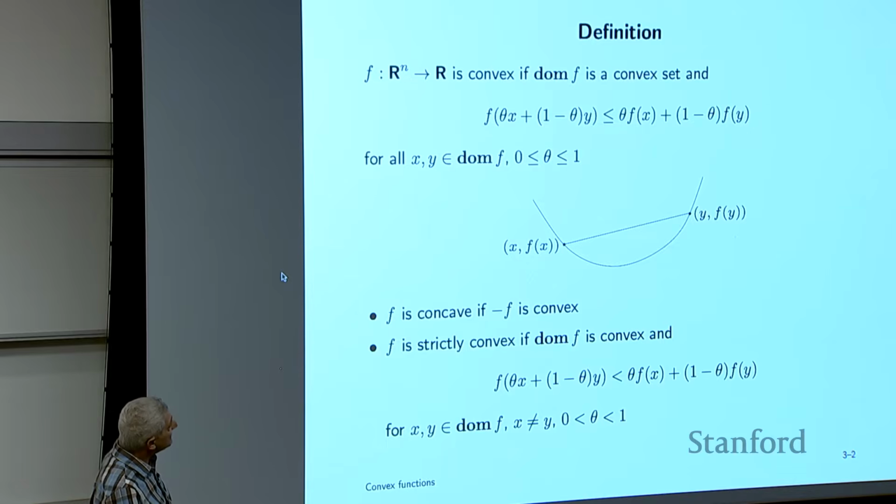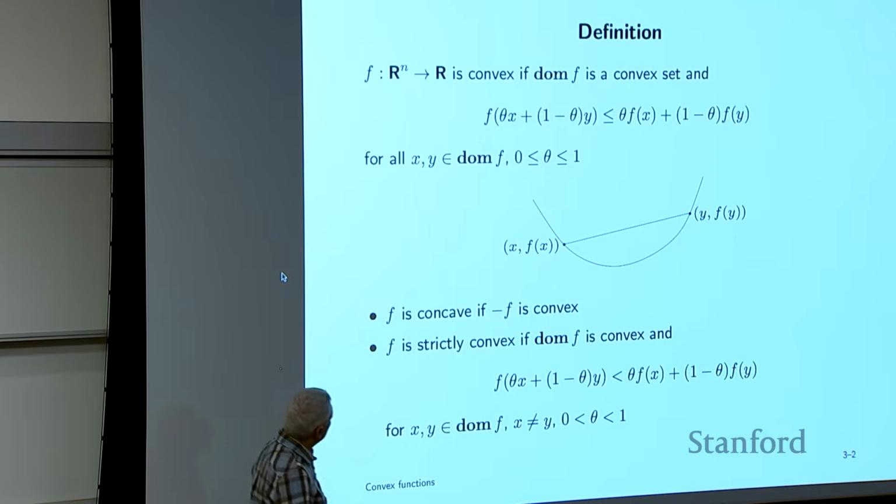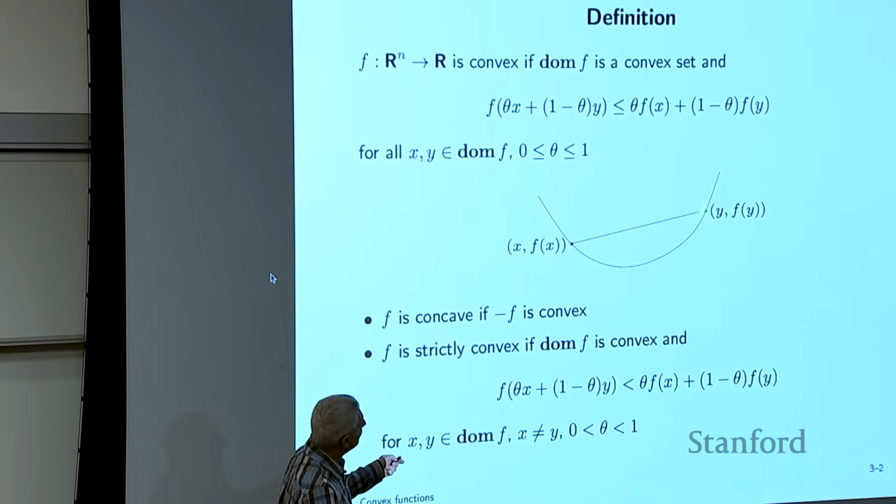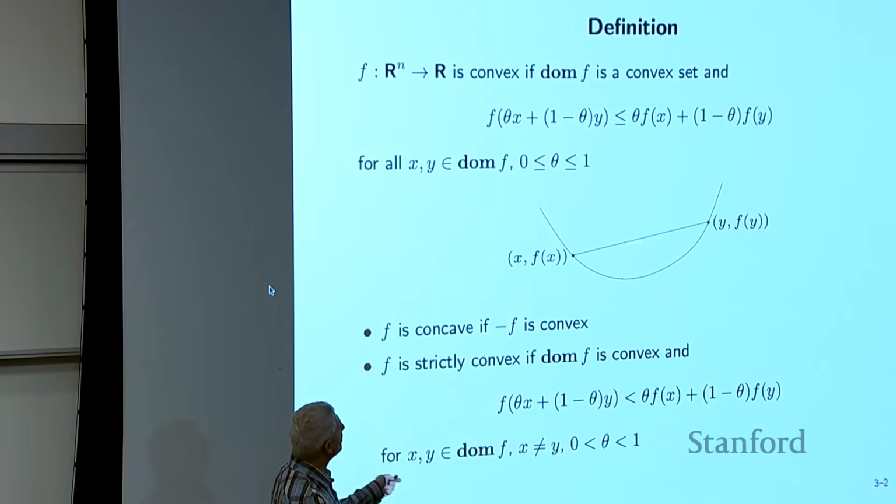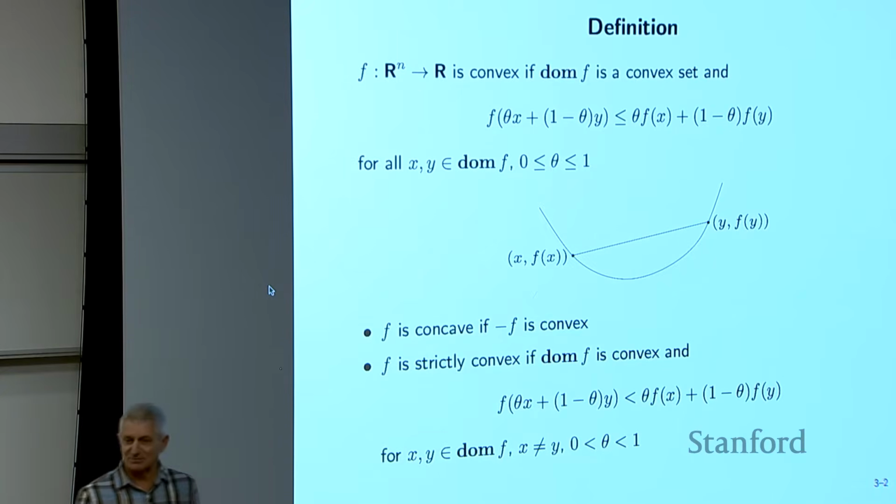This is the graph of the function here, and this is called a chord, I think. That comes from ancient Greek or something. So that's a chord of the function, and what it says is the chord lies above the graph, right?